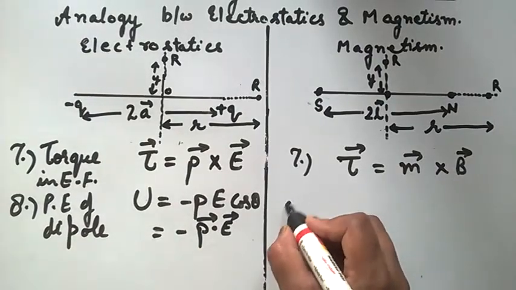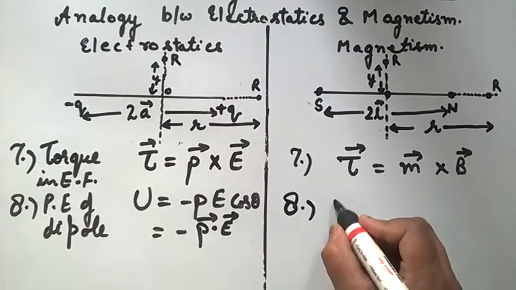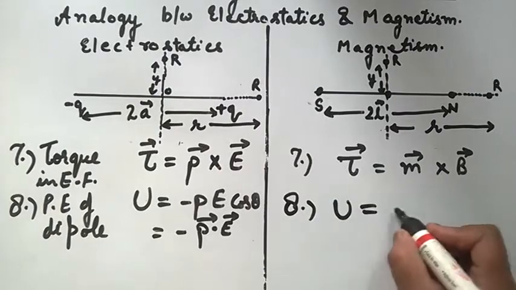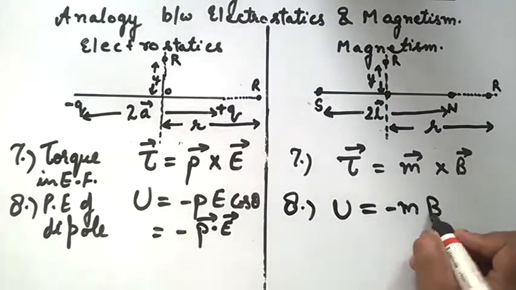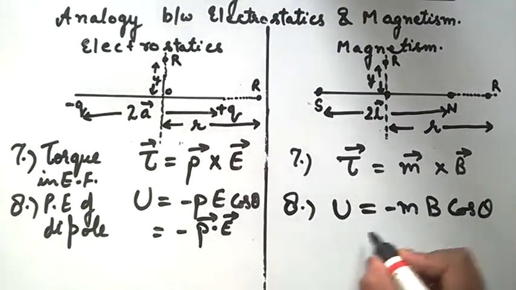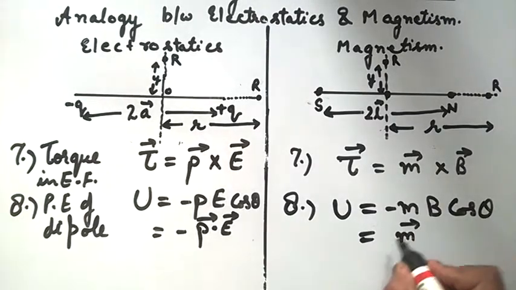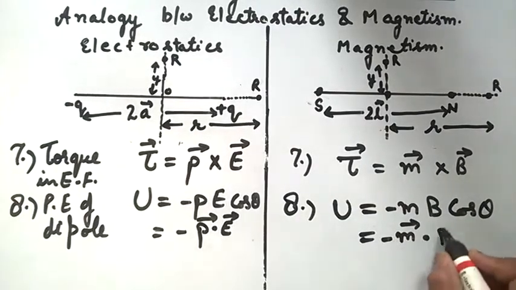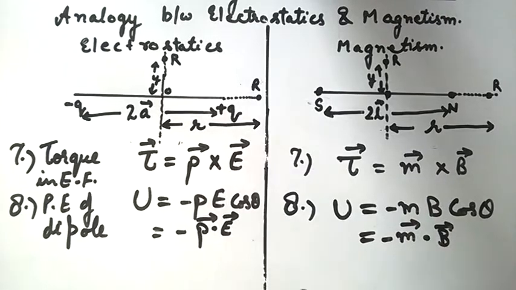Similarly, here also U is equal to minus MB cos theta, which is equal to minus M vector dot B vector. So these are the differences.